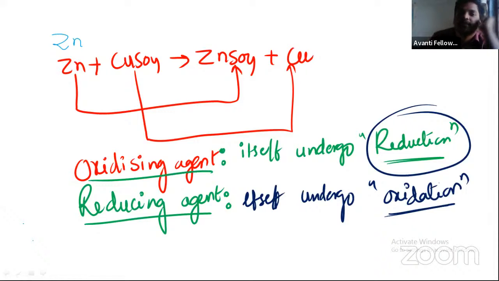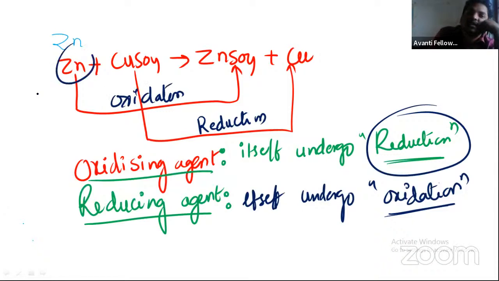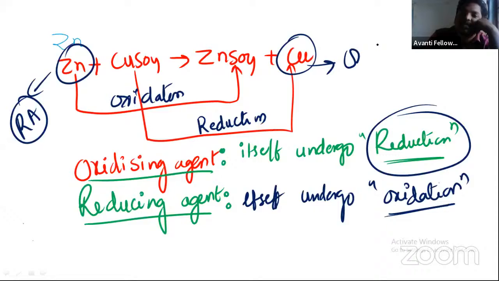Right? Okay. So that means in this case, copper sulfate to copper is nothing but reduction. And zinc से ये हो रहा है, ये ऑक्सीडेशन. यहाँ आपका जिंक रेड्यूसिंग एजेंट की तरह बिहेव कर रहा है, यहाँ आपका कॉपर ऑक्सीडाइजिंग एजेंट की तरह बिहेव करता है.